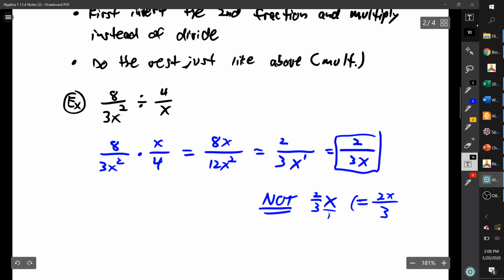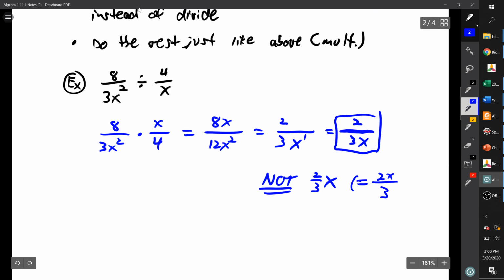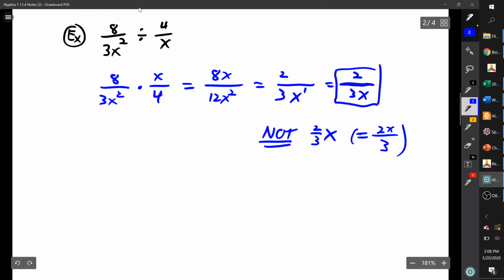What we have here, the x is in the bottom. Have to keep the x in the bottom. Have to make it clear with your fraction sign that the x is in the bottom. So please be careful of that. All right, that's that example.